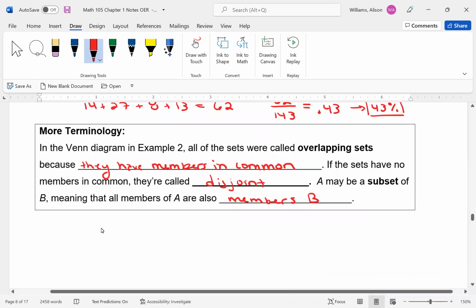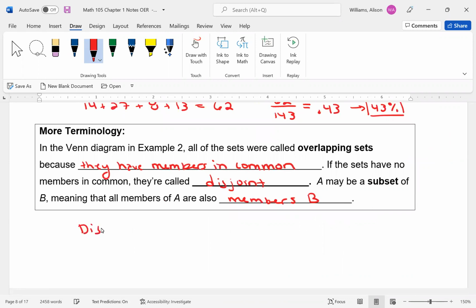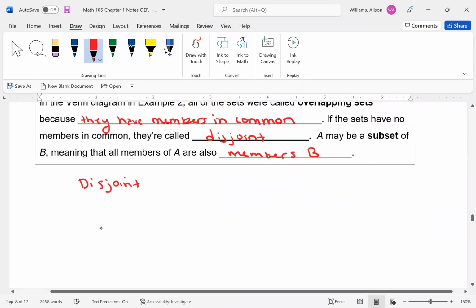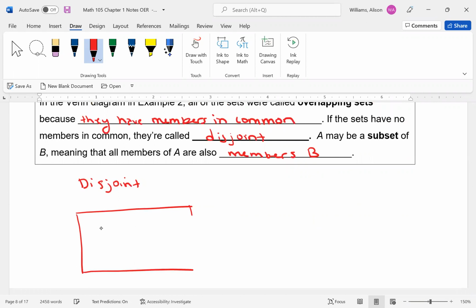So disjoint looks like this. Since they have nothing in common, here's my universe. I'll have A as this set and then B as a separate set, and they don't overlap.